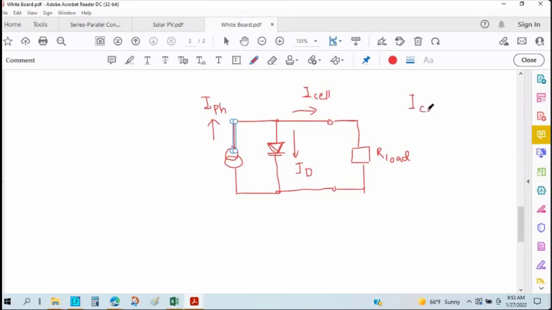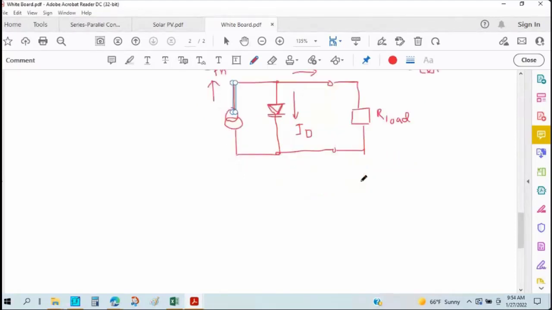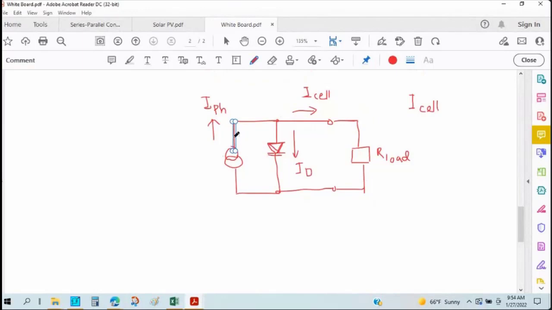Sir, isn't it a transformer symbol? Which one? Yes, sir, this one. Okay, this one. For photocurrent we also use this symbol actually, and for transformer we use a different symbol, right?